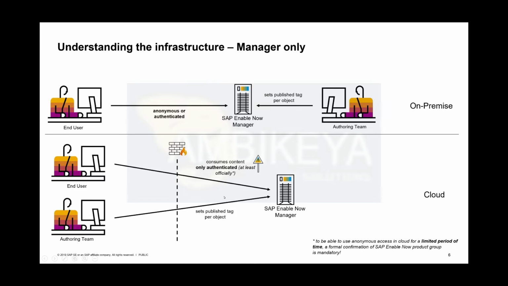The consumption principle is basically the same. The authoring team decides, based on that famous publish tag, which object version is visible to the end users, and the end users consume content, but only authenticated. That's a big difference between those two infrastructure variants.